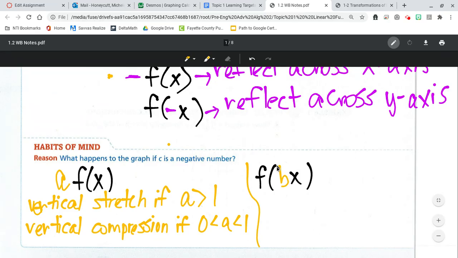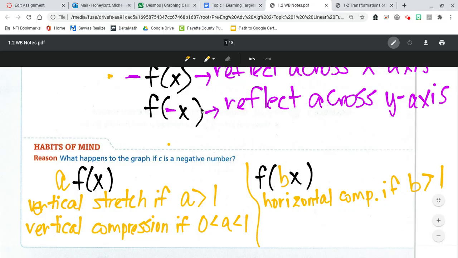So f of bx will be a horizontal compression if that b value is greater than 1.